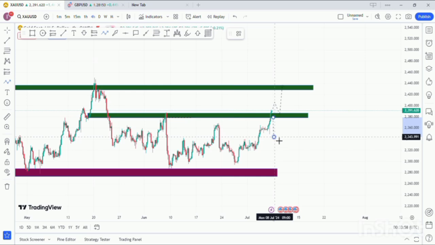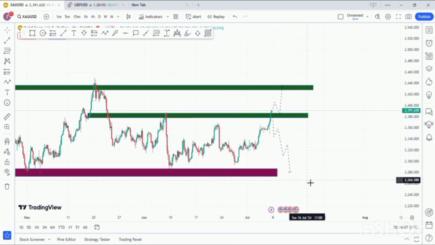We're expecting price to break out of it, then continue downward to this support zone right here, guys. So guys, that will be all for the 4 hours time frame on XAUSD. We'll move over to the 1 hour time frame, so we can get a clearer view of the zones we need to look out for.